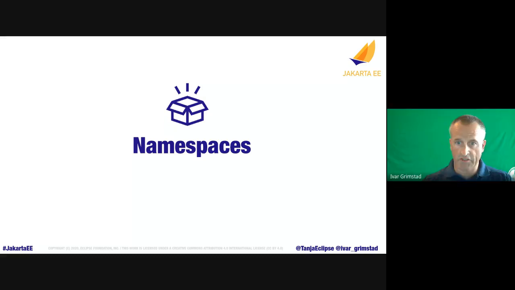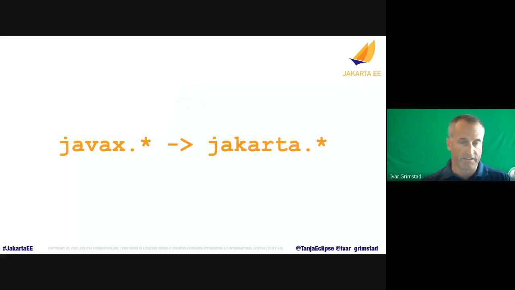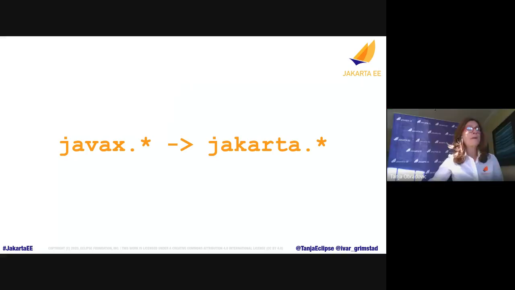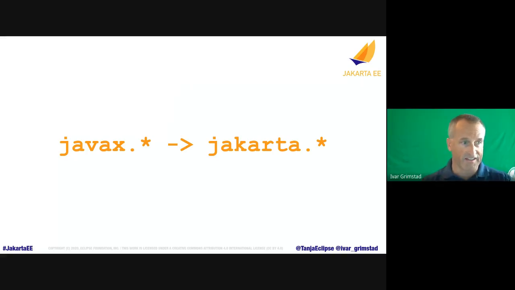So let's go over to the namespaces, and it's no secret that we're moving from the javax namespace to the Jakarta namespace. We have a question here: what is provided in 9 that is missing in 8? Due to this namespace change from javax to Jakarta, we are limiting the amount of new functionality, and that is exactly what Tanja explained.